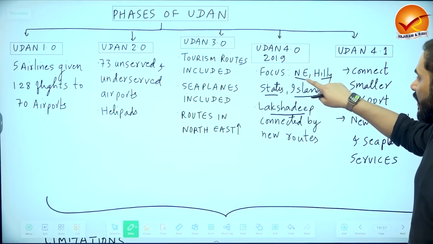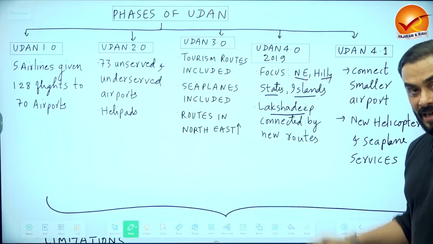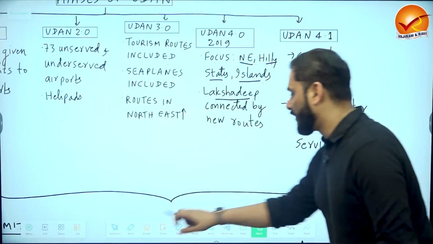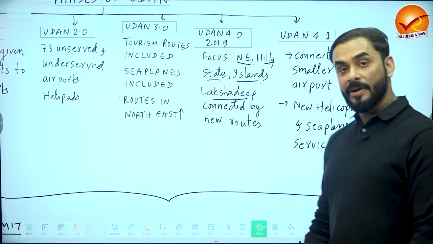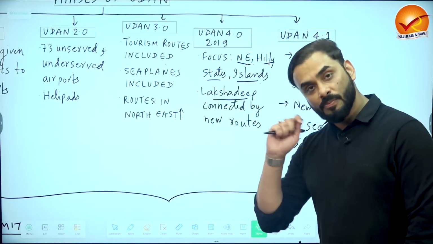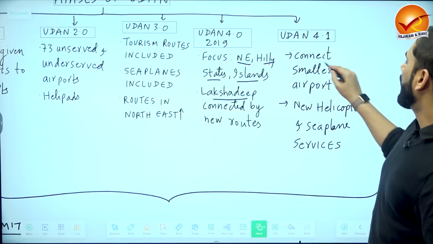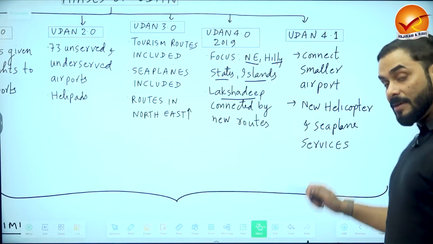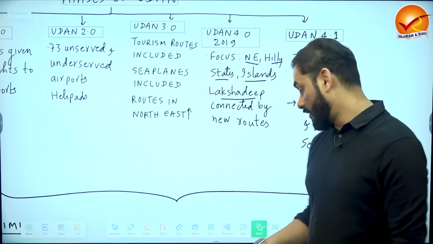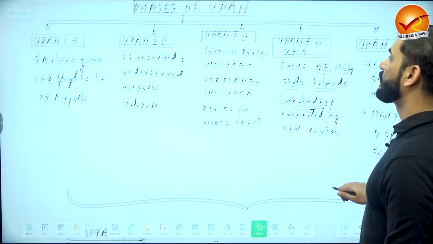Difficult geography. So northeast, hilly areas, islands, etc. These are all strategic things. Similarly, in UDAN 4.1, the government's focus has shifted to small airports again. Connect small airports with the rest of the country, and new helicopter and seaplane services have also been started. So this is how UDAN has worked.